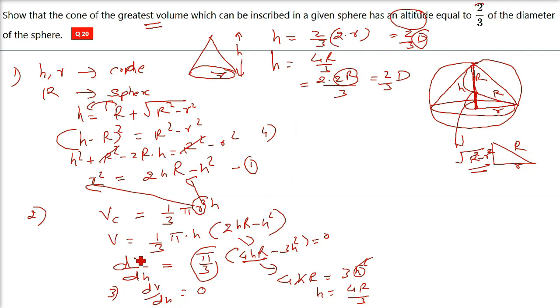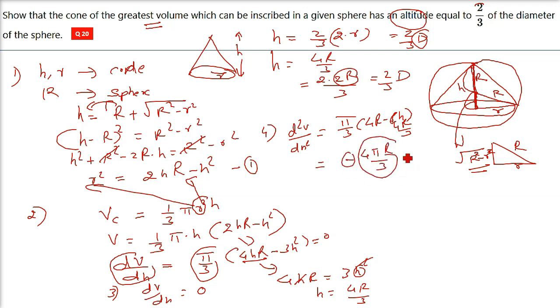Now that differentiated equation has to be used, and then double differentiation has to be done, d2V by dh2. So when we double differentiate it, it is pi by 3, 4 capital R minus this expression, and this differentiation is already the second differentiation. And when we just place this small h as 4 capital R by 3, you are going to get a value which is negative. Don't worry about the value, worry about the sign.